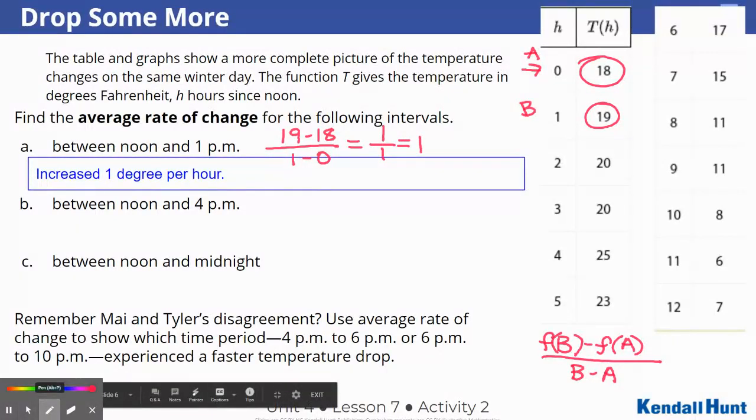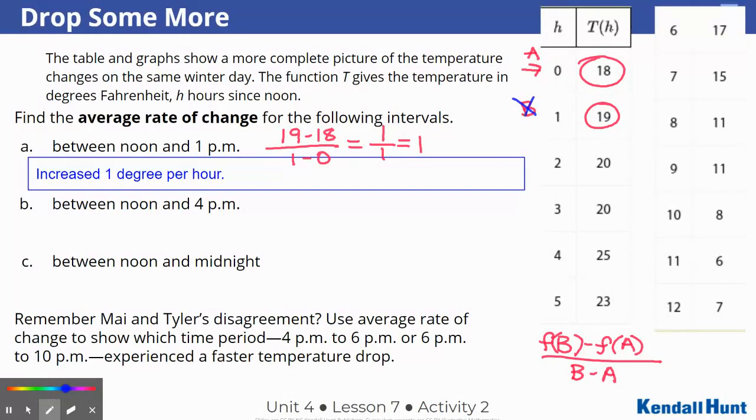Okay, noon and 4, we're going to be looking at the same point A, but we're going to change our point B to be 4 p.m. So here's our new point B. And you would set it up. So we would now have 25 minus 18 divided by 4 minus 0.